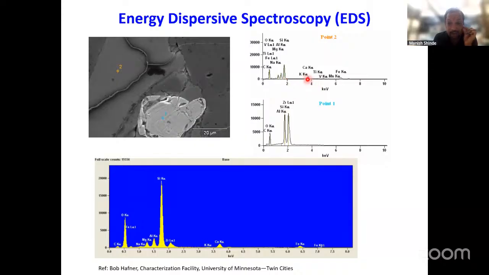Potassium is there, iron is there, to a small extent vanadium is also there, and titanium is also there in very small quantities. So the chemical composition of this region and this region is different, and I can know it from this graph. Not only qualitatively, I can also know the percentage. I'll show that also.